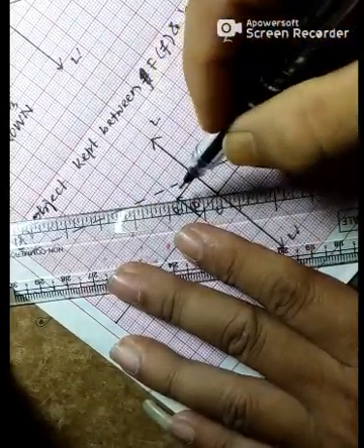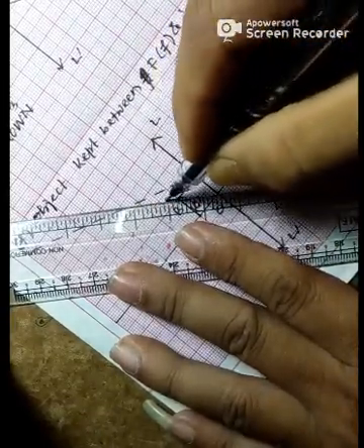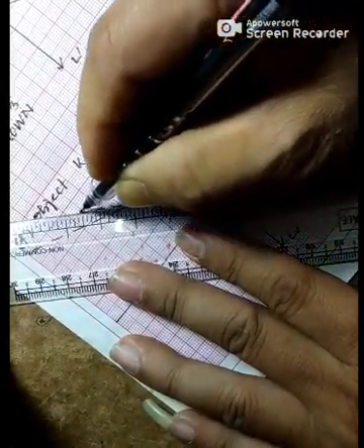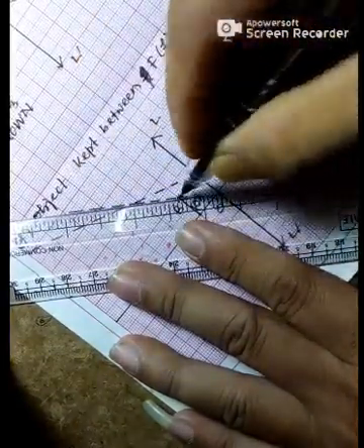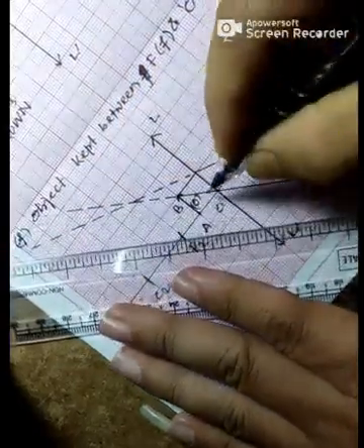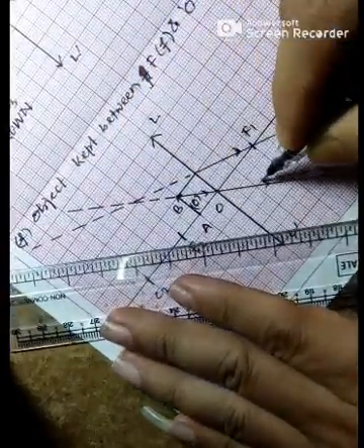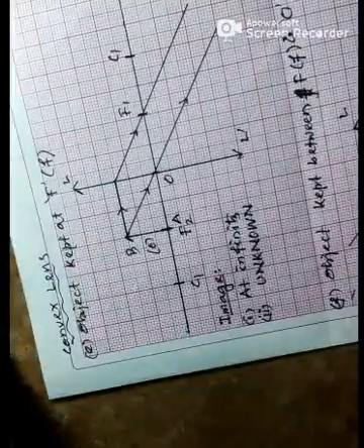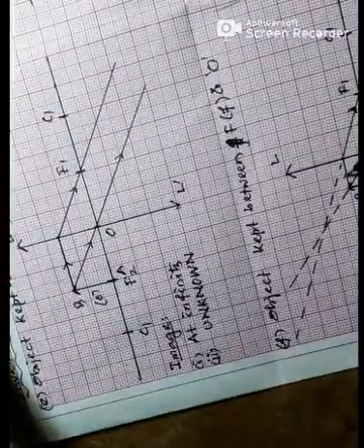So you have to elongate on the back side. On the back side you use a dash line, because these are not the real rays. These are the virtual rays. And on the front side you draw the solid line. So this is the real rays. Okay. So this is our incident ray.